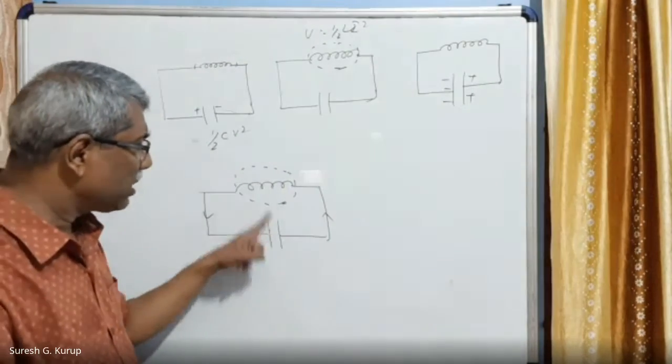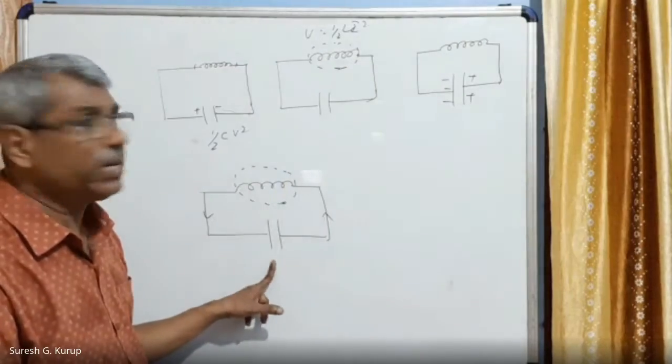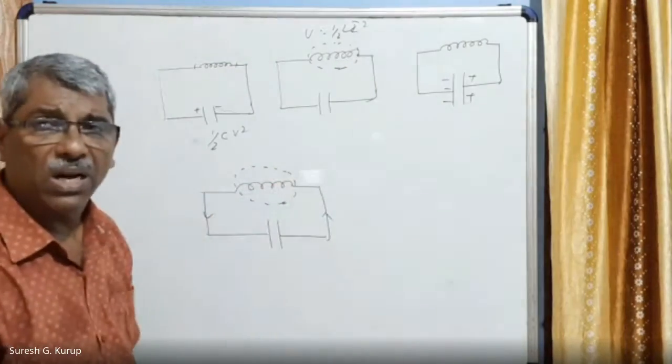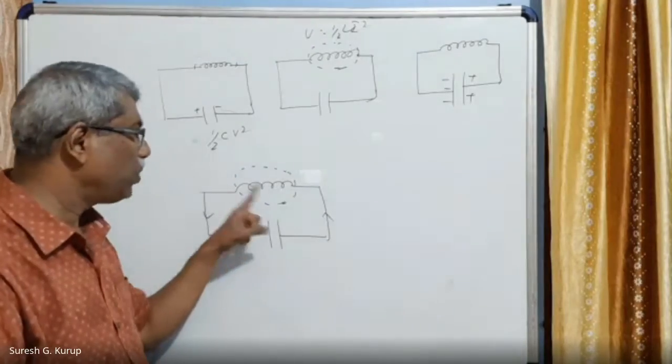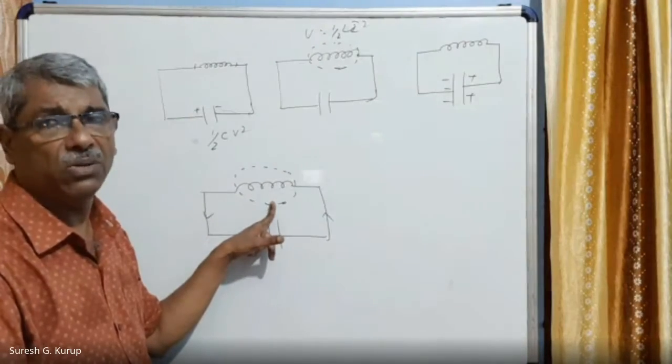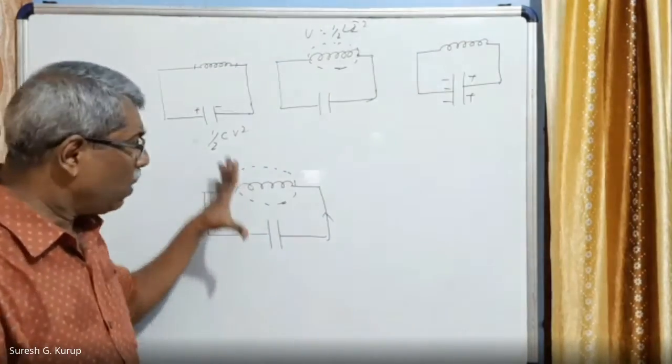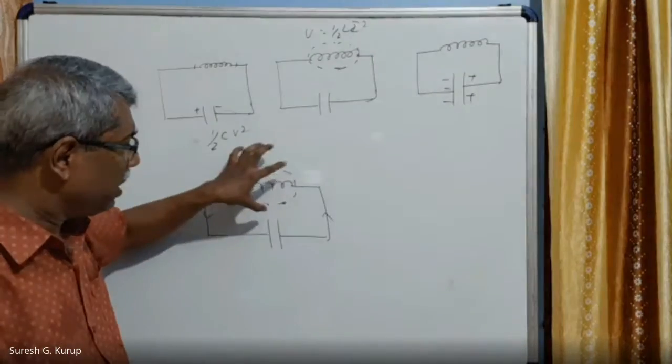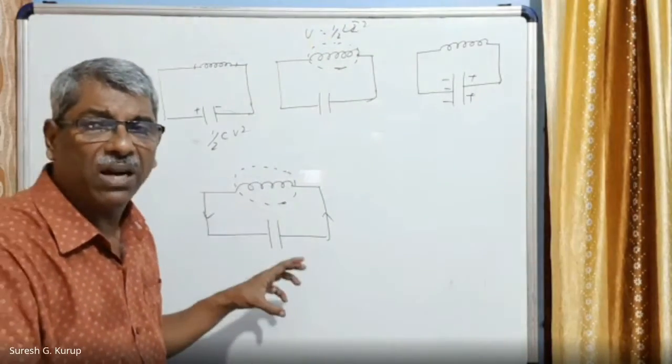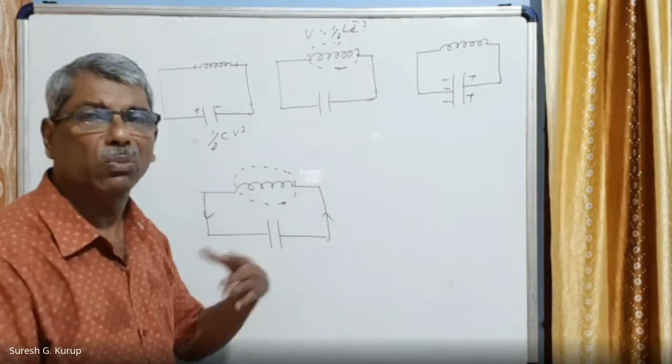So this is the situation. In this case, the electrostatic energy of the capacitor, half CV², is fully converted into half Li² magnetostatic energy, right? Now this current is maximum and the magnetic flux density inside the coil is also maximum.